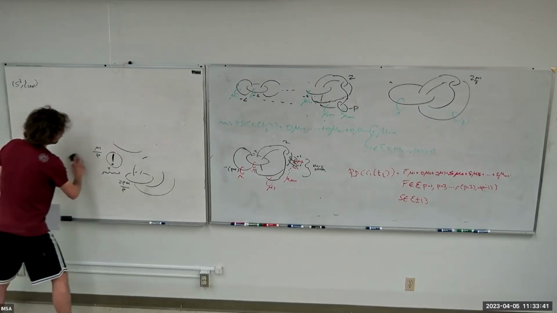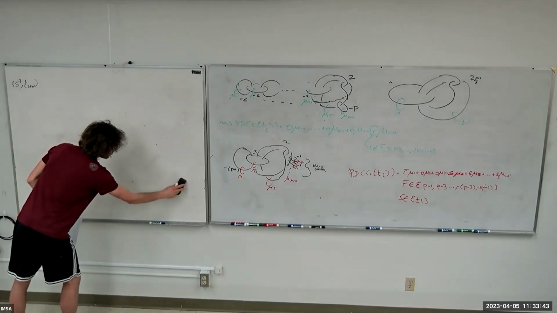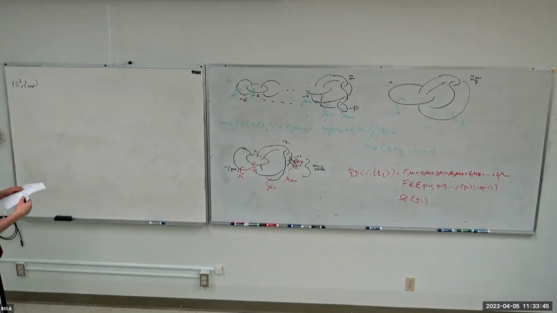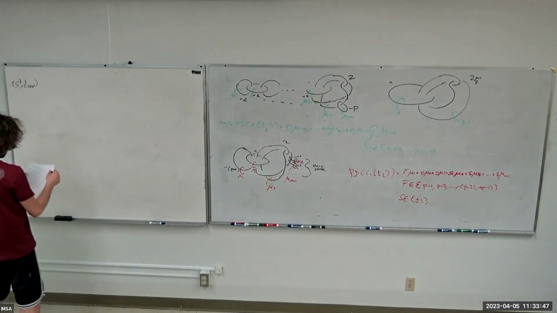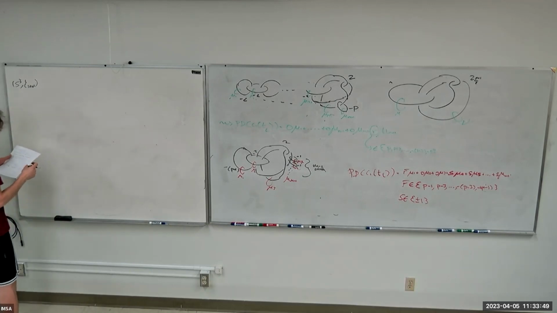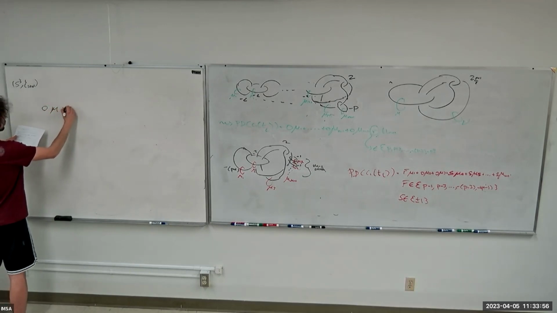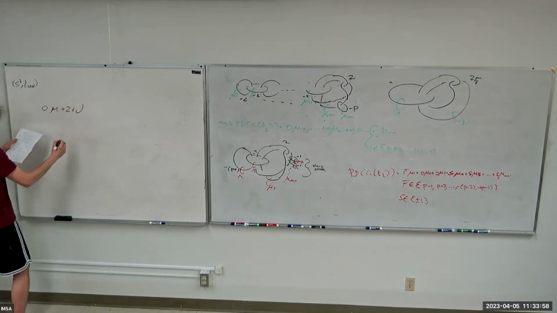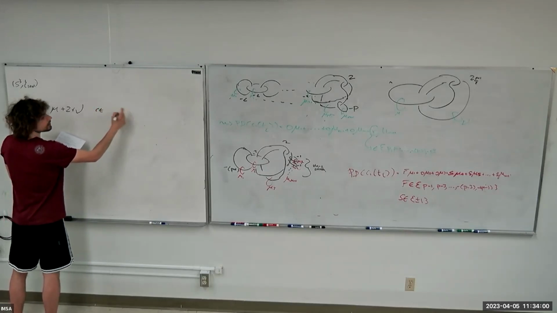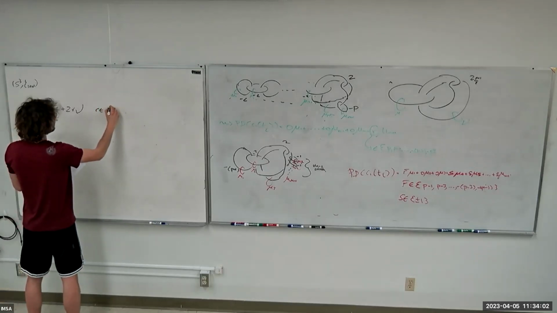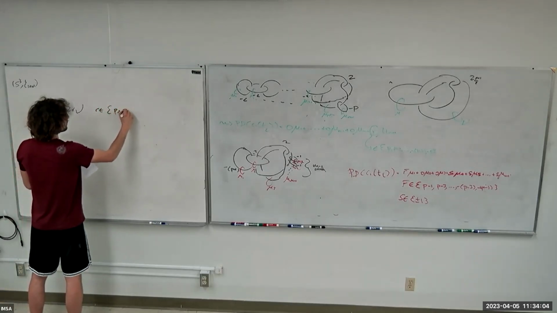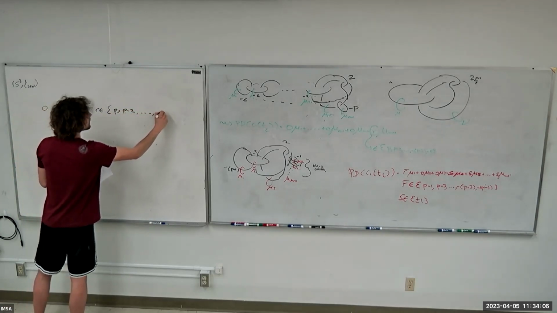I actually get what I want, because these two expressions will now be in terms of mu and nu. One is 0 mu plus 2r mu, where r is set there, so p minus 2 minus p.